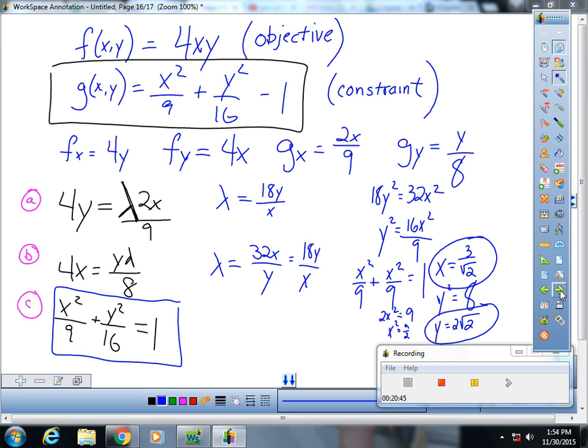I'm going to stop the video here in just a second, but you should read page 924. That's a great example. It's a similar problem that involves not anything geometrically related, but economics. And you will find at the very end that lambda does have a relatively meaningful value. It is called the marginal productivity in that problem.